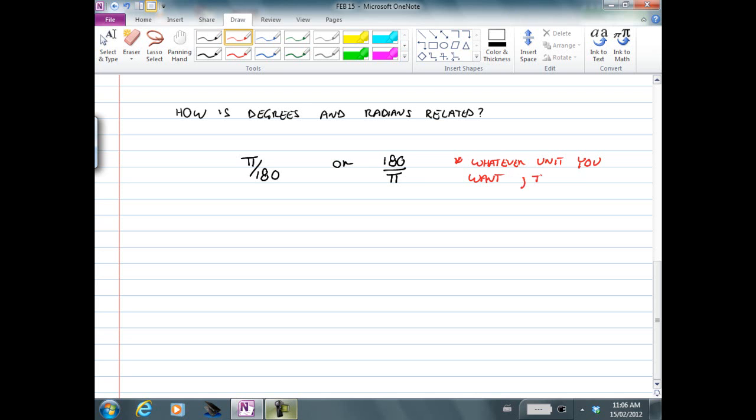That unit must go on top. Whatever unit you want, that unit must go on top. It sounds confusing right now. I'm going to add in a few more labels for you. 180 is the symbol for degrees.